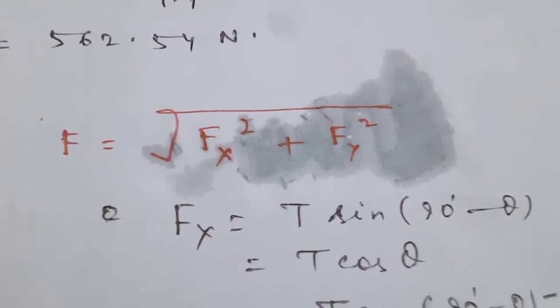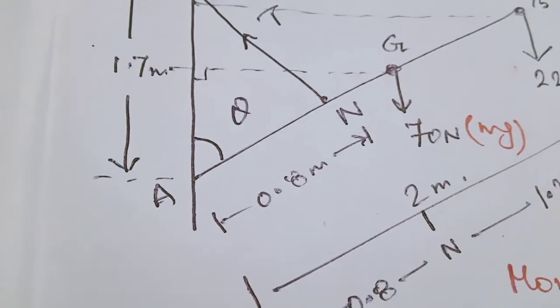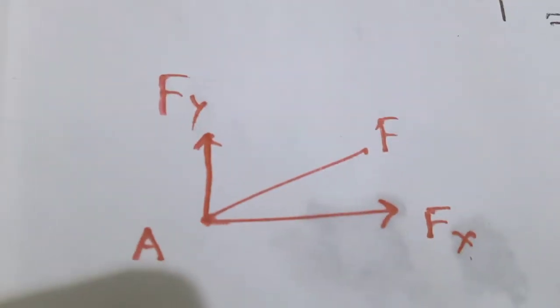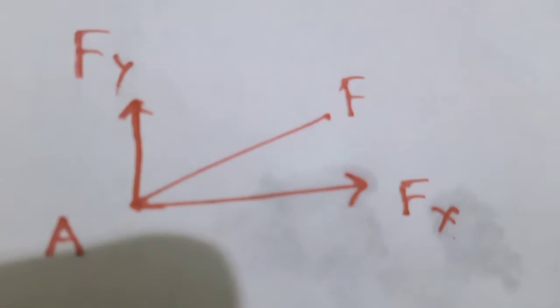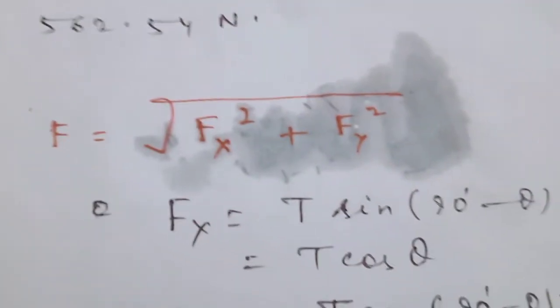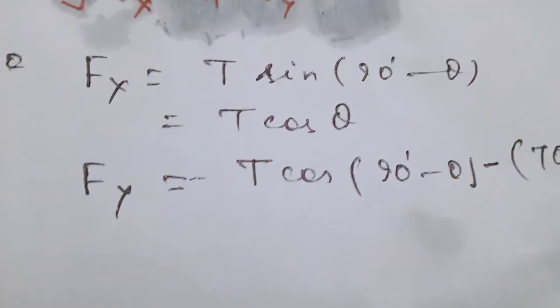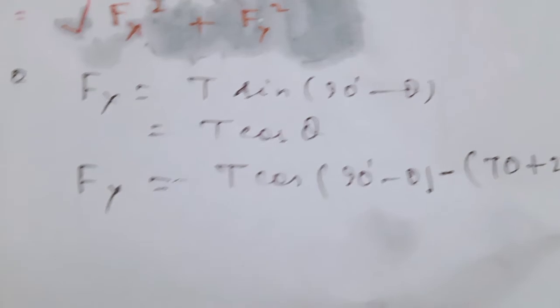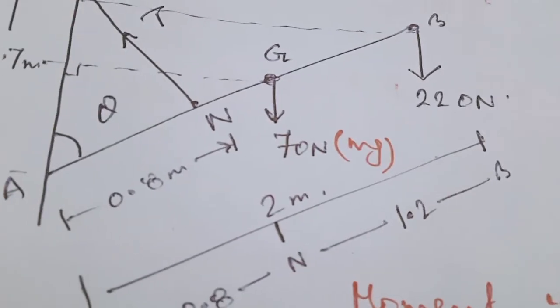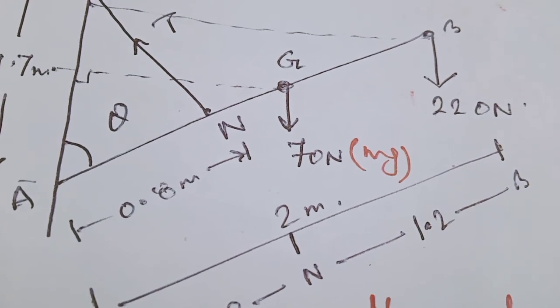Now what is Fx? See, this is theta. So Fx will be equal to T sin (90 degree minus theta), and Fy is equal to T cos (90 degree minus theta), minus there are two forces acting downward which are against it.